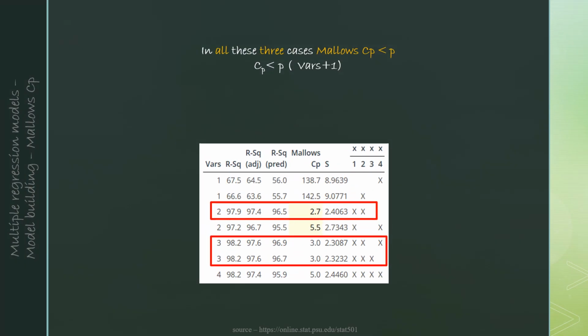In all these 3 cases, Mallows Cp is less than P, which is wheres plus 1. Cp less than P represents no bias as much as Cp equals P. Therefore, Cp less than or equal to P represents a no bias situation.